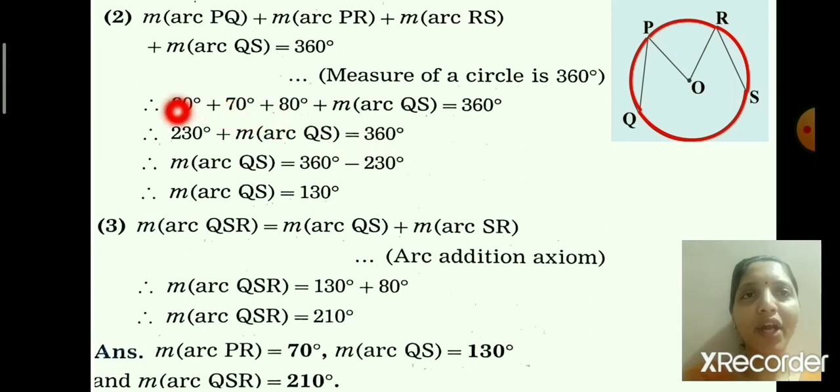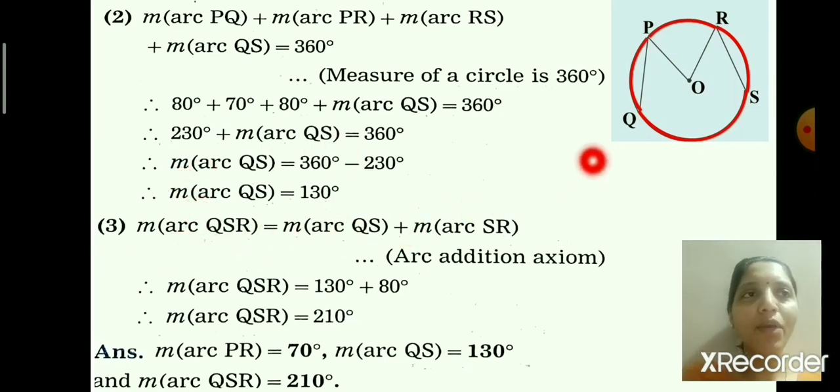Now 80 degree plus 70 degree plus 80 degree you will get 230 degree plus major arc QS that is equal to 360 degree. Therefore, major arc QS is equal to 360 degree minus 230 degree that is equal to 130 degree. Hence, we got the second answer. Now, let's find out the major arc QSR.